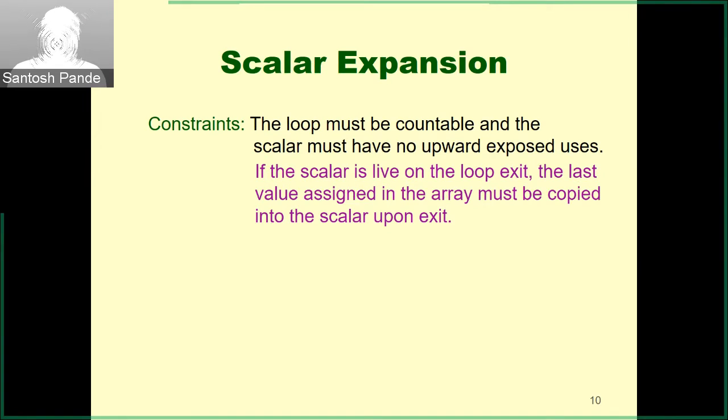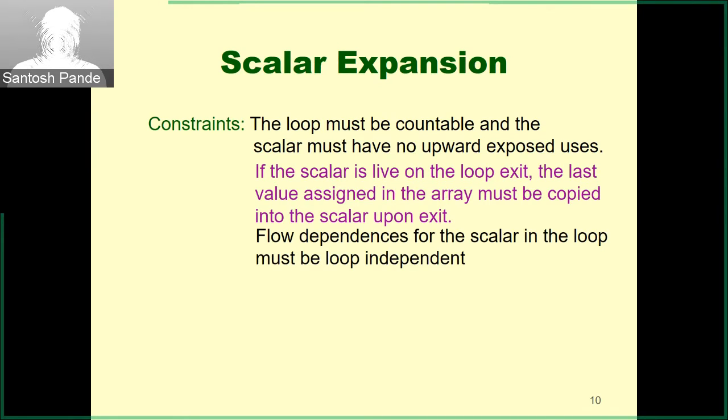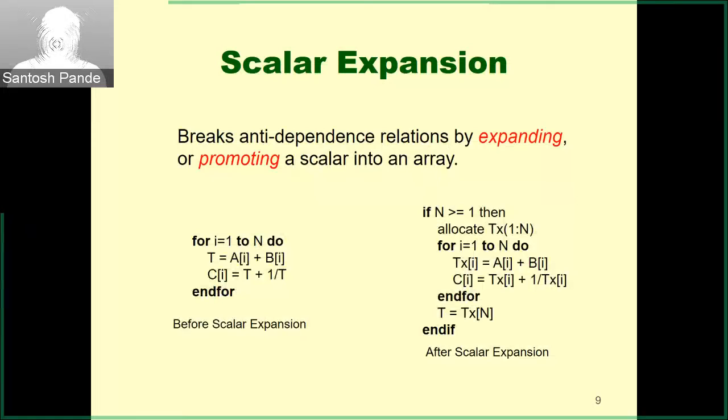Otherwise, we have to make sure that the last value is copied into the scalar on exit, which is like this over here, T of x n. You can see that is copied to T, because if T was used outside, which is not the case most of the time, but in the absence of any analysis, we'll have to do it like this, unless we prove that it's dead.